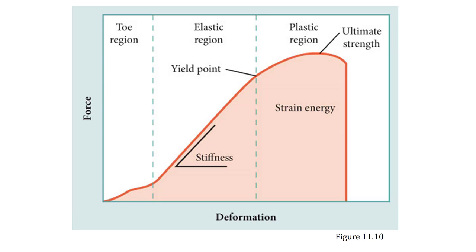To the right of that yield point is known as the plastic region. And it's important to note that if we were to unload a material in the plastic region, it's never going to return back to the original dimension it was prior to being loaded. It has what is referred to as a plastic deformation.